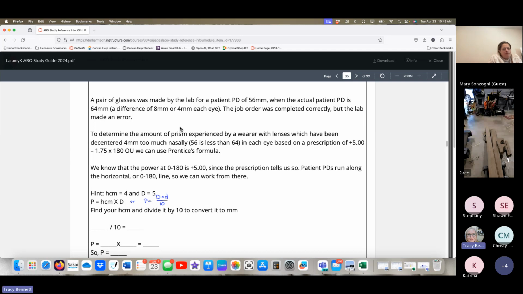It's off by 4 millimeters. And then it says to determine the amount of prism experienced by a wearer with lenses which have been decentered 4 millimeters too much nasally. Okay, they're giving you that information. You would technically be able to figure that out by looking at the lab made it with a PD of 56, but the patient's PD is 64.